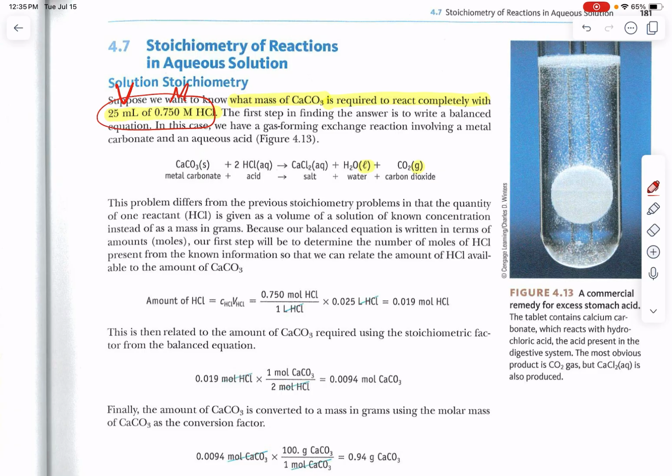And so we are given this information about the hydrochloric acid, and we're going to convert this into moles, and then we're going to go from moles to moles of calcium carbonate, and then from moles of calcium carbonate to grams of calcium carbonate. So we're basically going to have a 3-step stoichiometric process here.